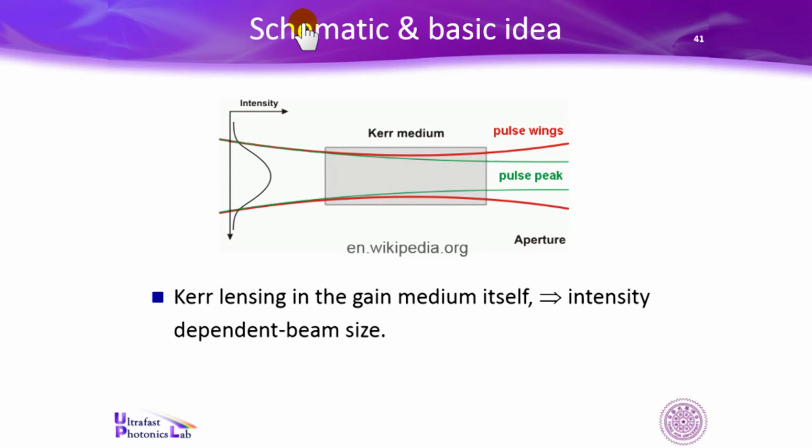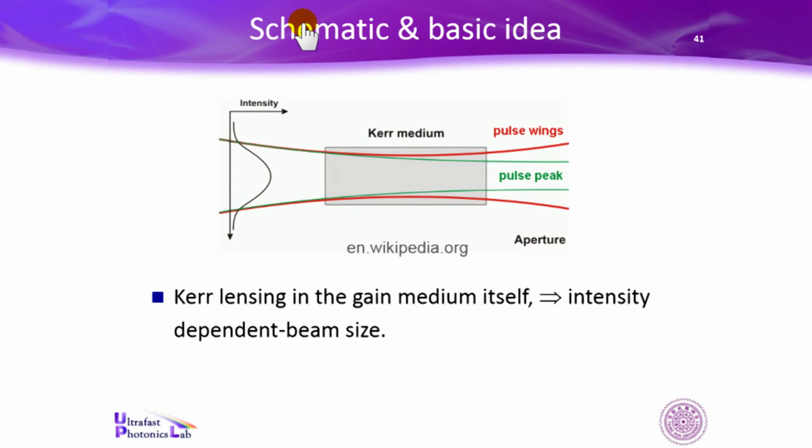What happens if you have Kerr lensing? As we introduced in lesson 3, the idea is quite simple. Your pulse peak has stronger peak power, and in the presence of Kerr lensing, what happens? Your beam size will be reduced, right? Because of the stronger waveguiding effect.